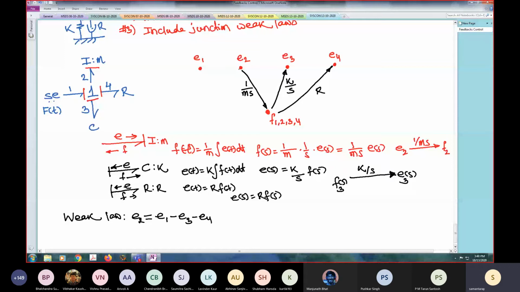This is E2. Look at this. E1 is directly connected. I don't write here plus 1. Minus E3. I don't draw it like this. I will draw like this. And where will be the minus? Minus will be here. E1 minus E3 minus E4. E4 also I will bring here.